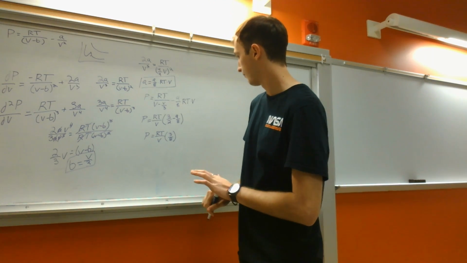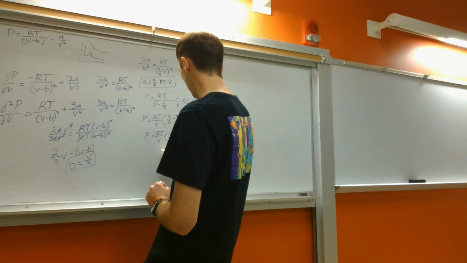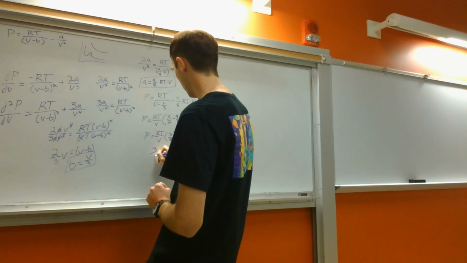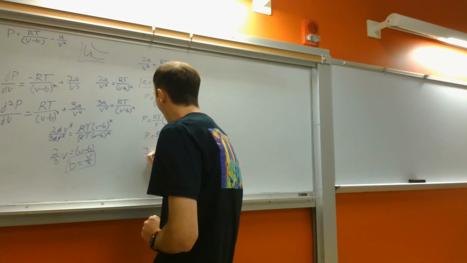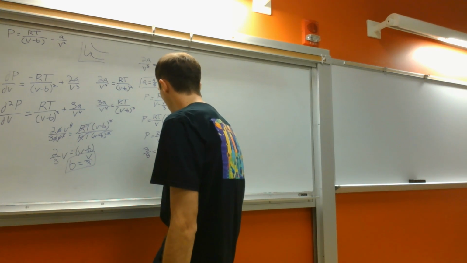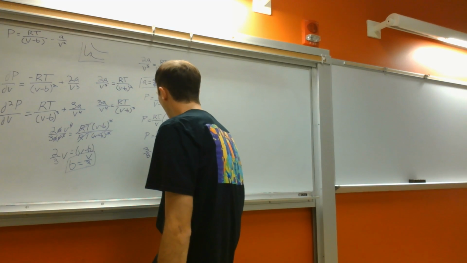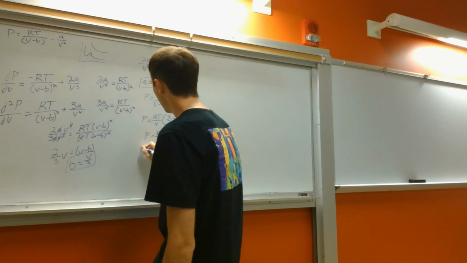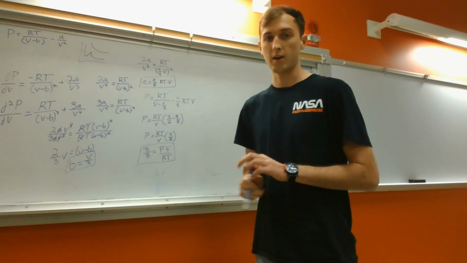And you can set this whole thing, 3/8, equal to PV over RT, because this is the compressibility factor.